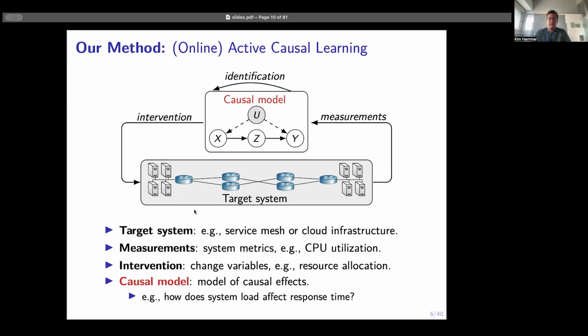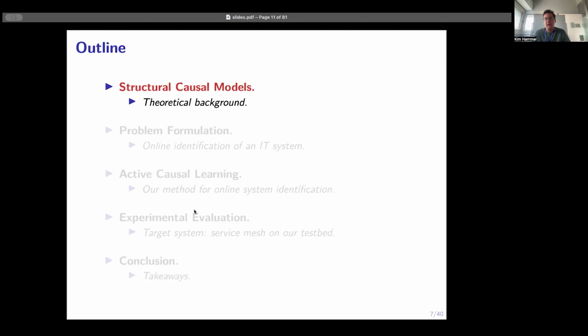But before I do that, I will start with a little bit of theoretical background, and I will introduce the formal framework of causality that we adopt in this work. Then I will use that framework to formally define the problem that we're trying to solve, namely the online identification problem.